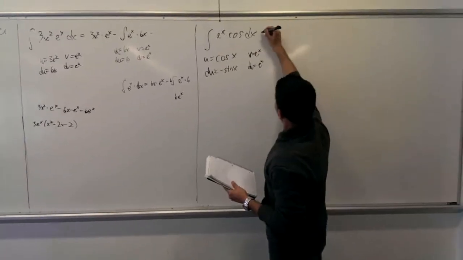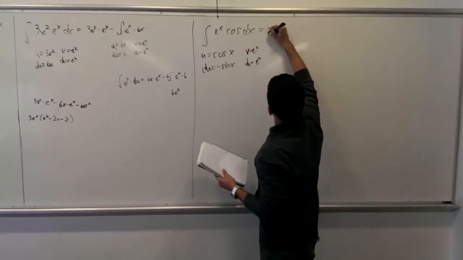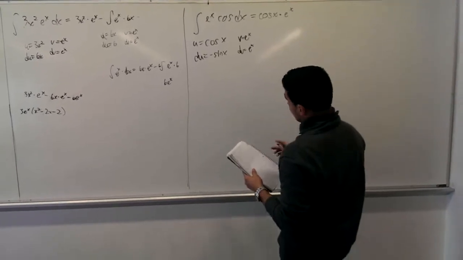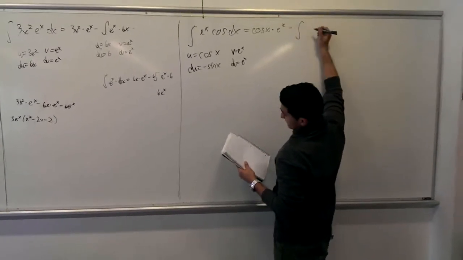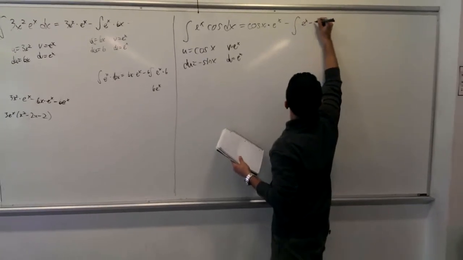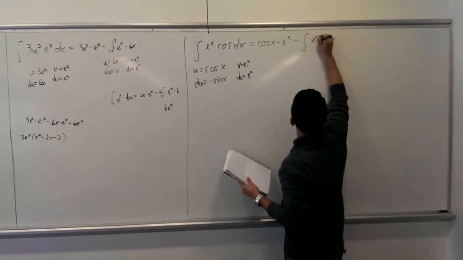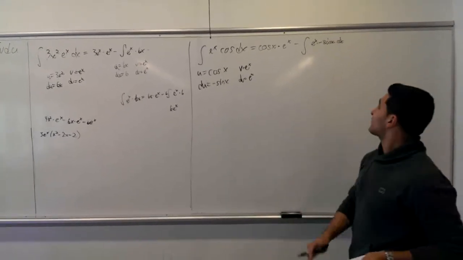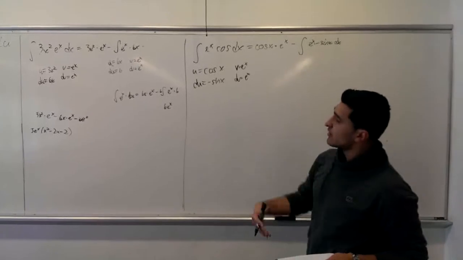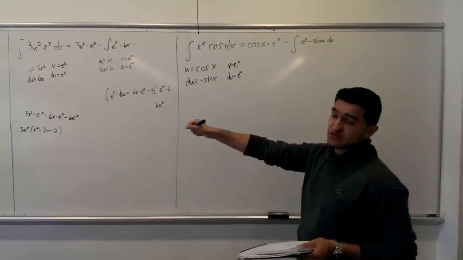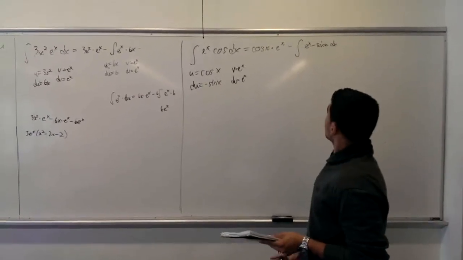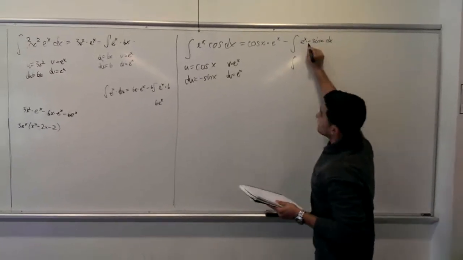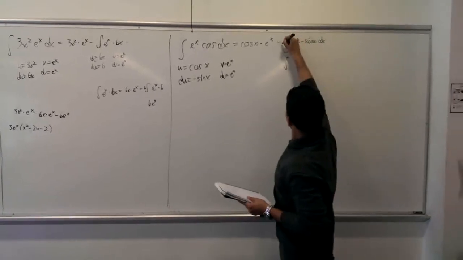So you continue with the formula, you get cosine of x times e to the x minus the integral of e^x times sine of x dx. So you're stuck with another integral problem, but similar to this problem, you just put this into the integration by parts formula. You take this separately and factor out the negative, so at the end you're going to get negative 1.